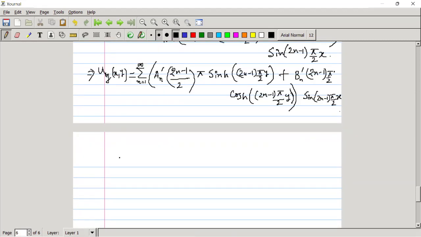Okay, so now I will put the conditions. The condition is given as uy(x, 0) is 0. So we have to put y equal to 0. What is sine hyperbolic 0 and cos hyperbolic 0, Robi?